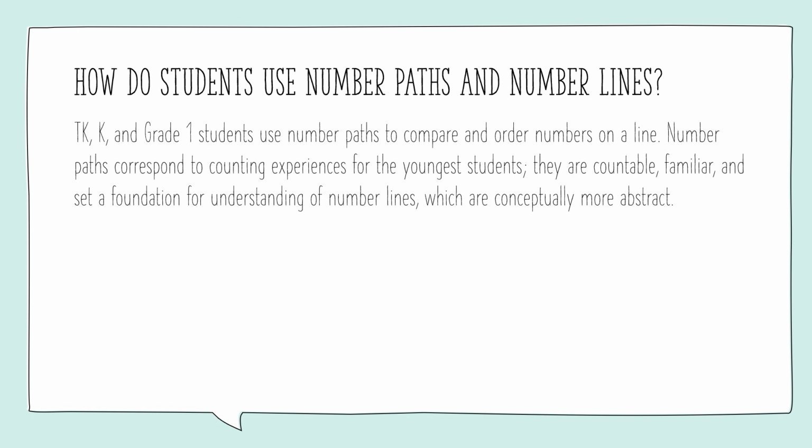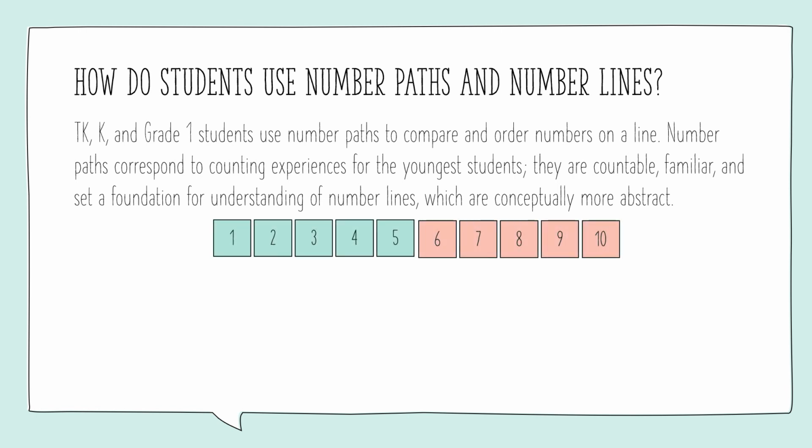Number paths correspond to counting experiences for the youngest students. They are countable, familiar, and set a foundation for understanding of number lines, which are conceptually more abstract. Number paths allow students to order numbers by placing a number in each of the blocks provided.